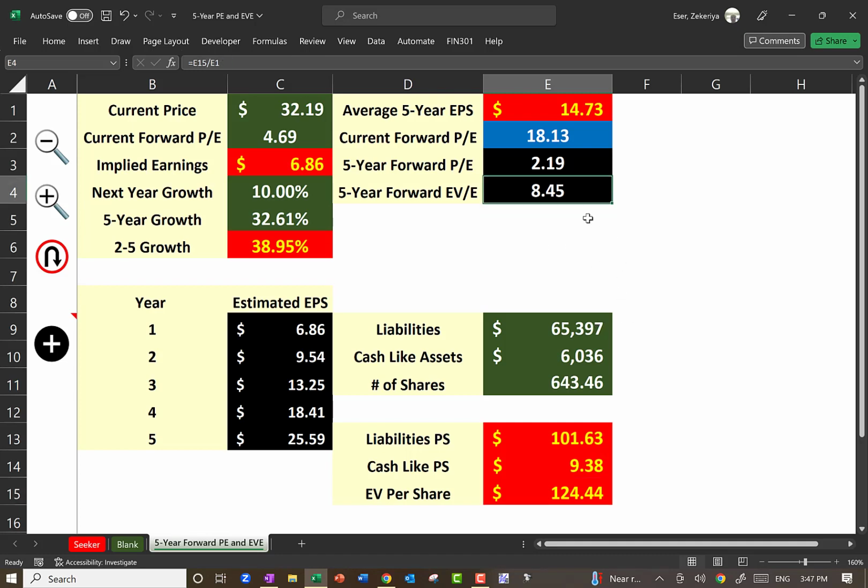So 5-year forward enterprise value over earnings is 8.45.